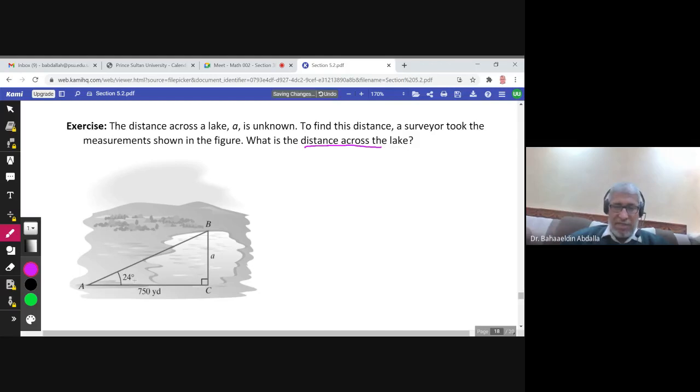The angle is 24. I need the opposite, and I have the adjacent. So again, I can use tan. Tan 24 is the opposite over the adjacent, and I solve: A is equal to 750 times tan 24. He did not say, so you can write it to the nearest yard if you like.